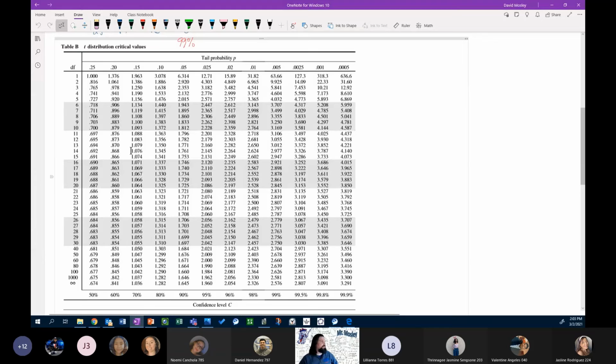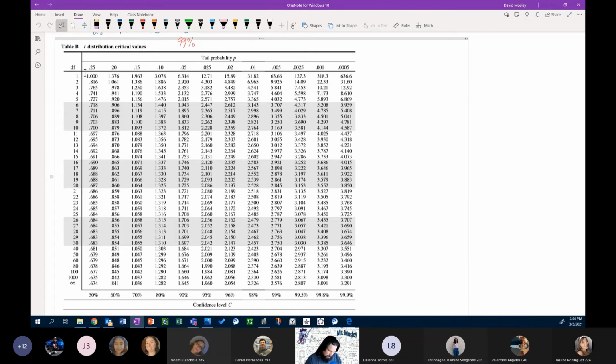Again, notice that there's the interior of the table, which is the T star values that we're going to use. We have the degrees of freedom down the left-hand column, confidence levels along the bottom, and then we have the tail probability along the top.